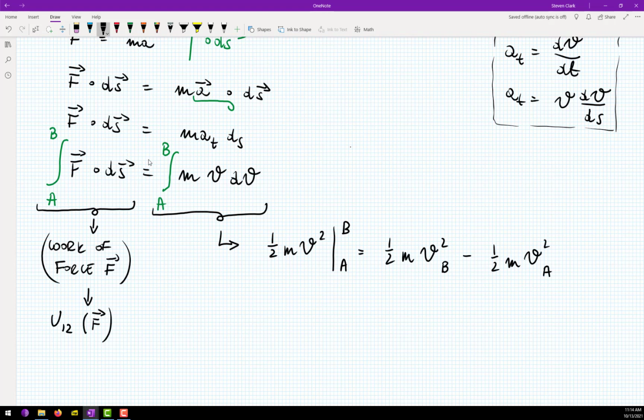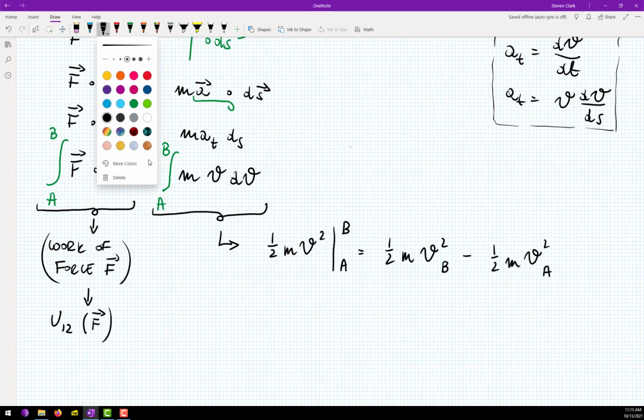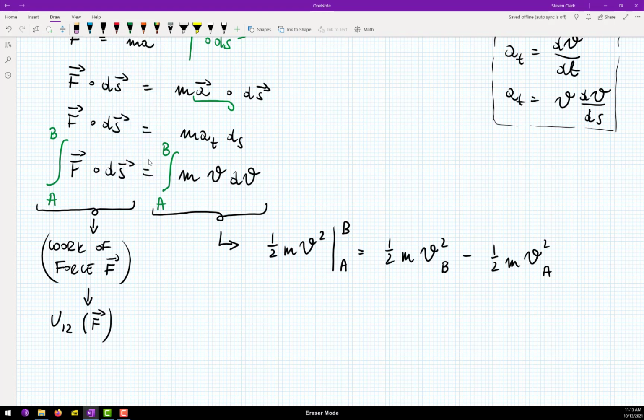However, I don't use point A and point B in the rest of the semester, so I will just replace them with 1 and 2. So that would be 1/2 m v2 squared minus 1/2 m v1 squared. So this is exactly T2 minus T1.